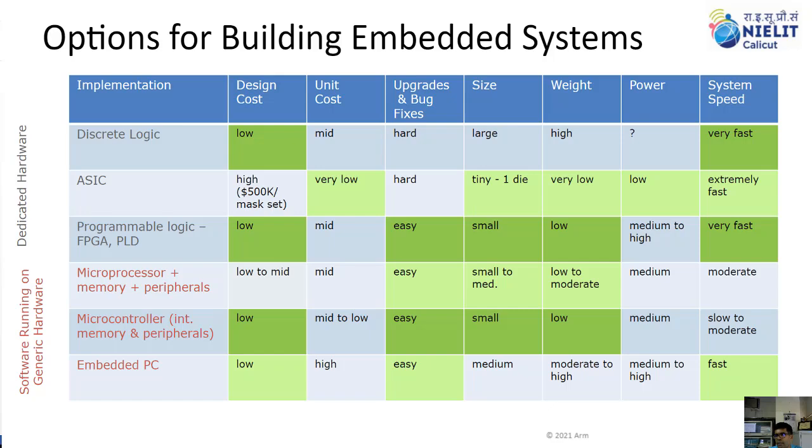The response time is considered fast in embedded PCs, really fast, but for microcontrollers with peripherals the clock frequencies are not very high, so slow to moderate will be the response, or maybe the system speed. And power consumption will be medium, not very minimal, and in some cases it will be really high if sophisticated applications are running.